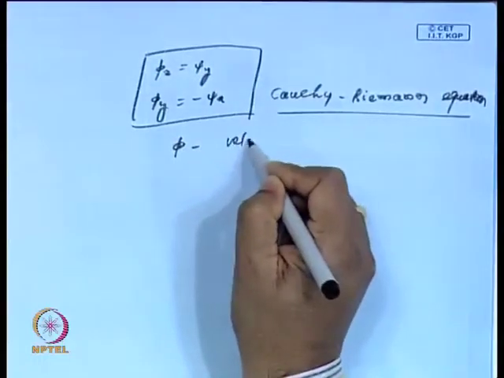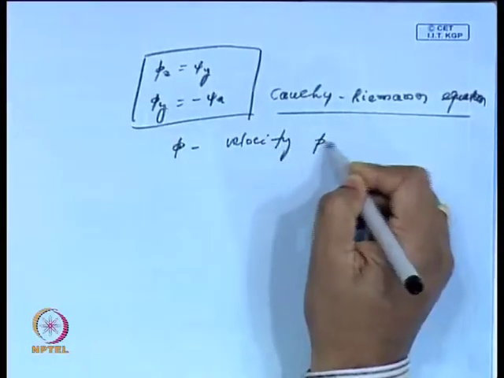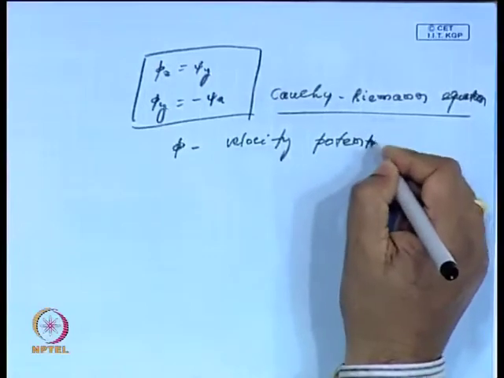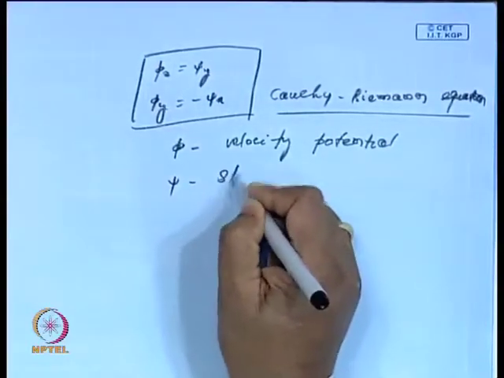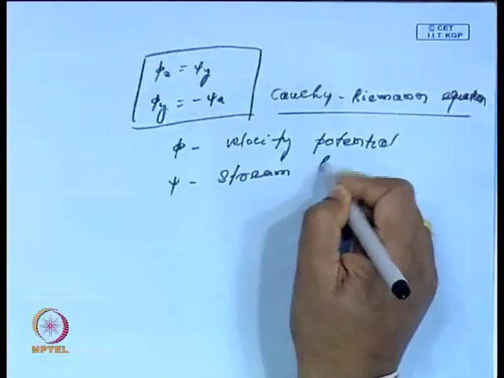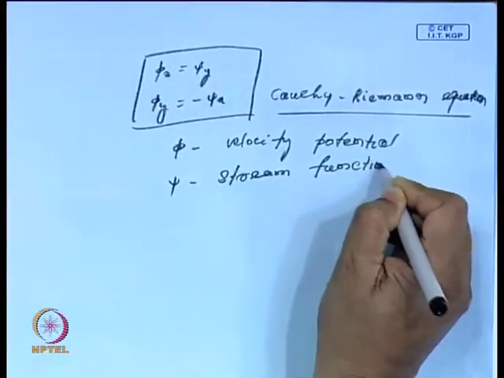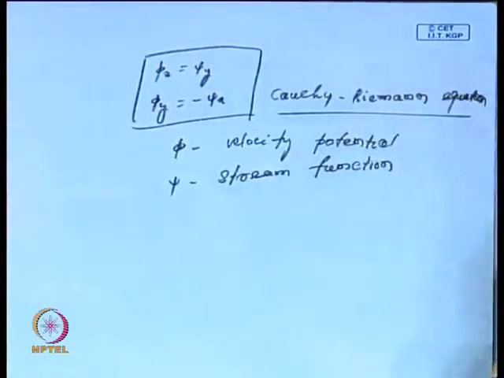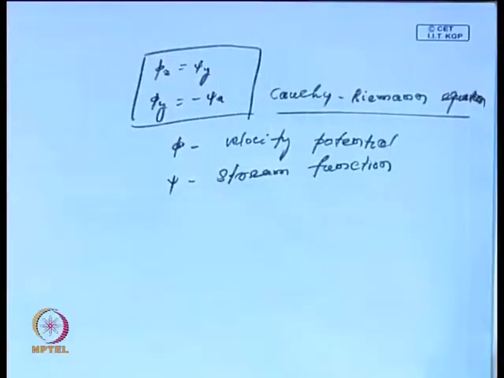Here phi is the velocity potential and psi is the stream function. For irrotational motion, both phi and psi satisfy the Laplace equation.